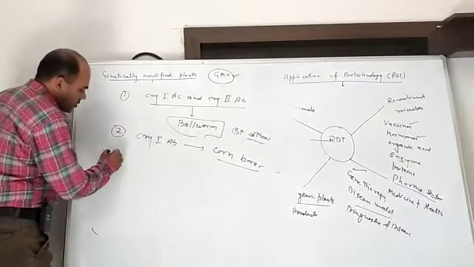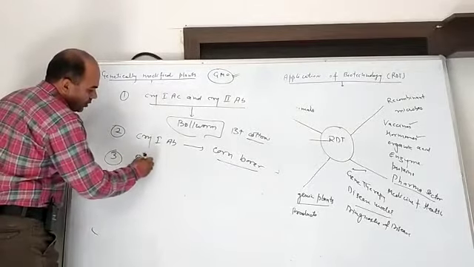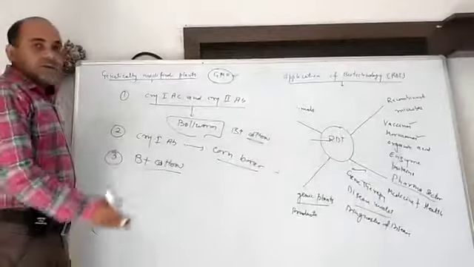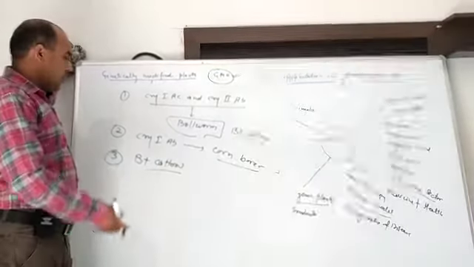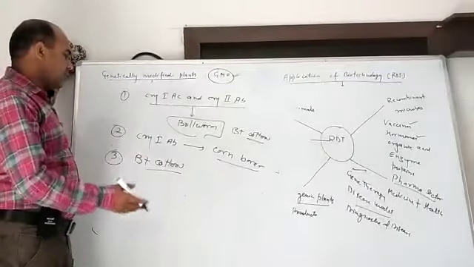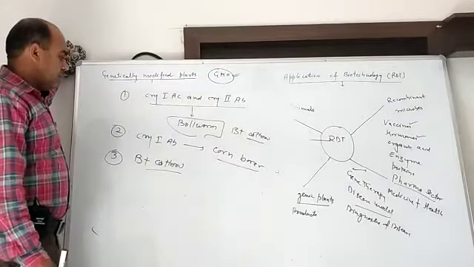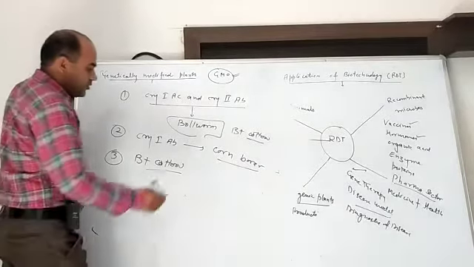The third important question: BT cotton is the commercial hybrid genetically modified crop used in India, in a particular region of Punjab.